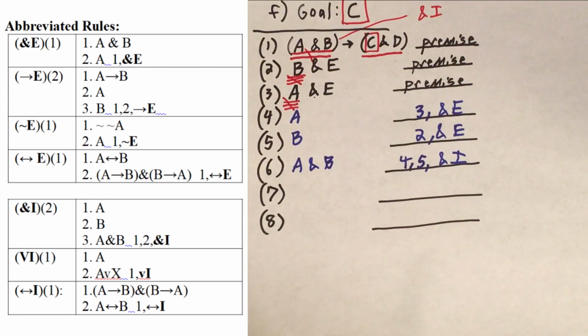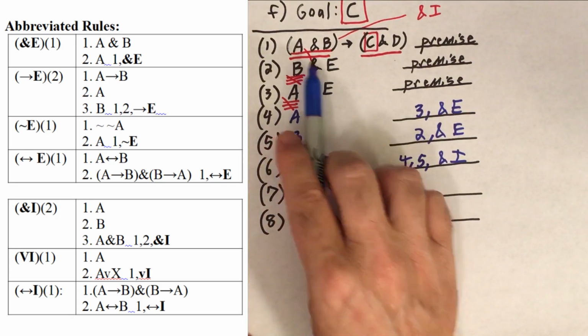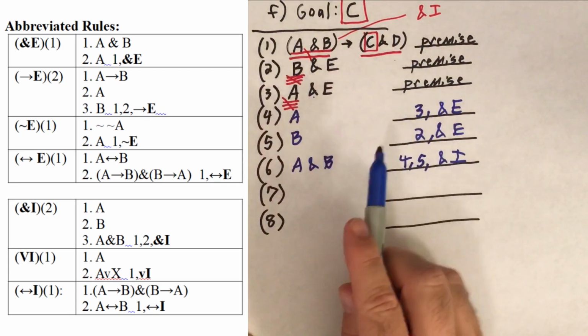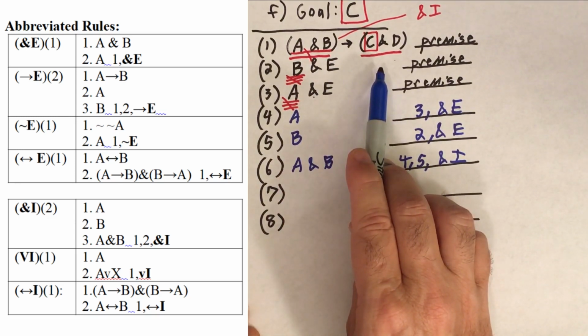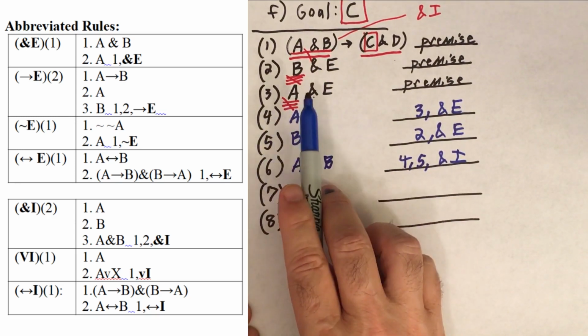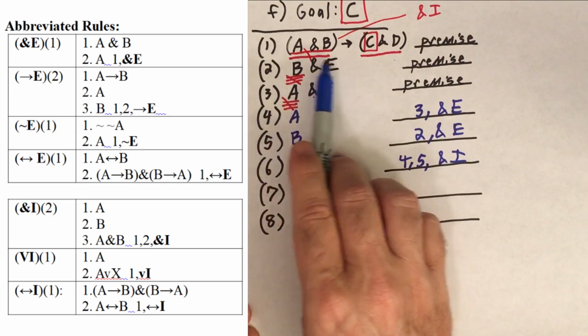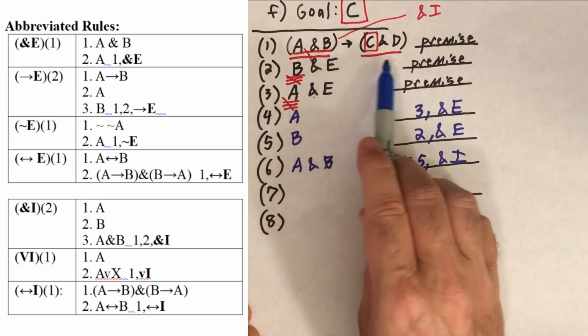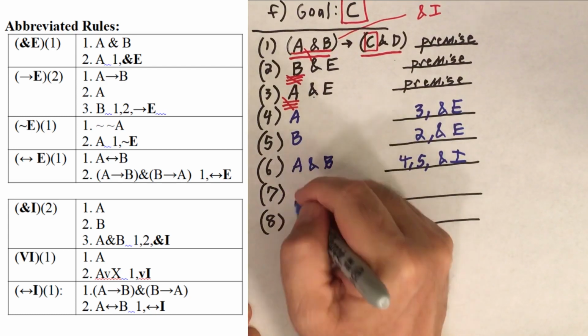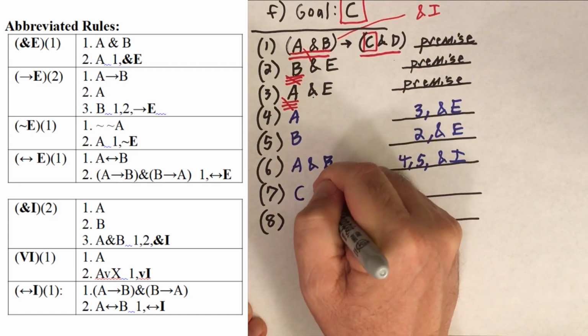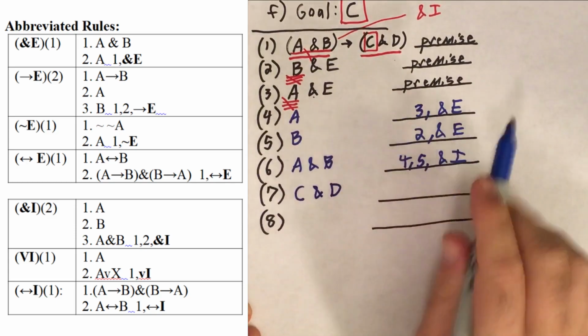So that's done. Why did I get A and B? Notice, I can do this one step at a time. I got A and B in order to get C and D. Can I get it now? Yes. Line 1 says if A and B is true, then C and D is true. Well, A and B is true, so C and D is true. I don't need the parentheses anymore.